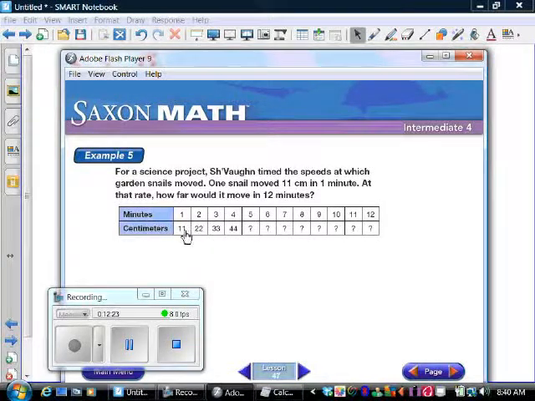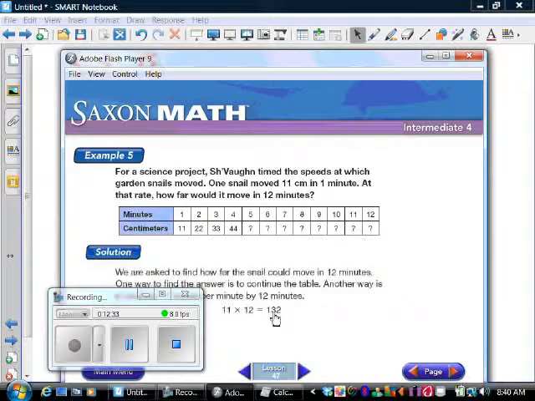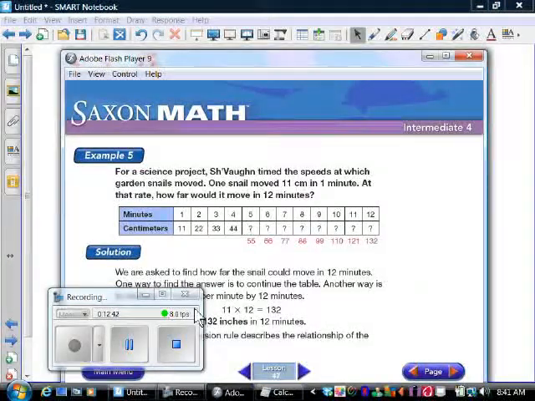Hey, these are your 11 multiplication facts. And when you fill it in all the way, 55, 66, 77, 88, 99, 110, 121, 132. So that would be 132 inches in 12 minutes for final answer.